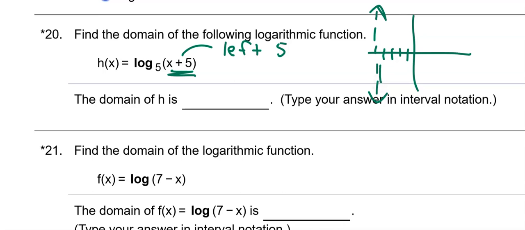What we're going to end up getting is a shape that looks like this. If we go through the process of thinking about pushing all the values onto the x-axis forever and ever and ever, what you're going to find is that we have x values greater than, but not equal to, -5. We cannot cross that boundary line.